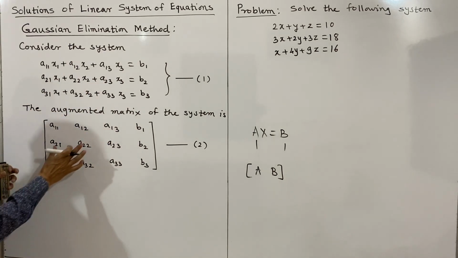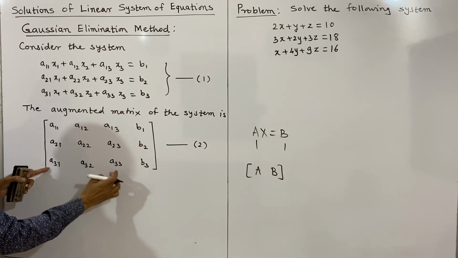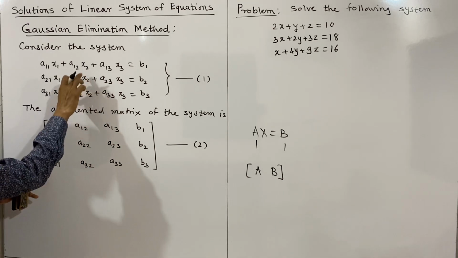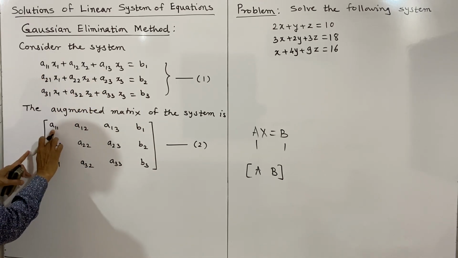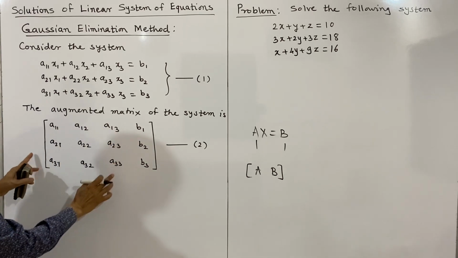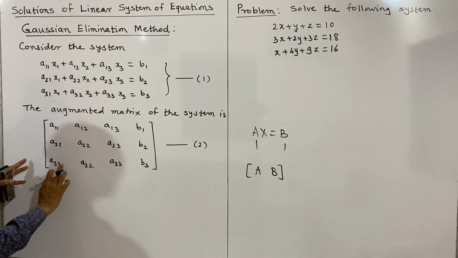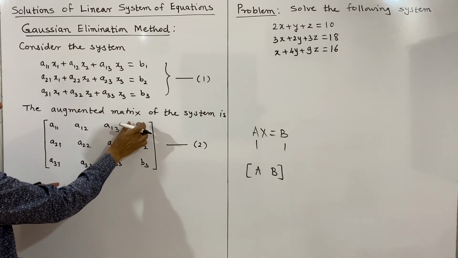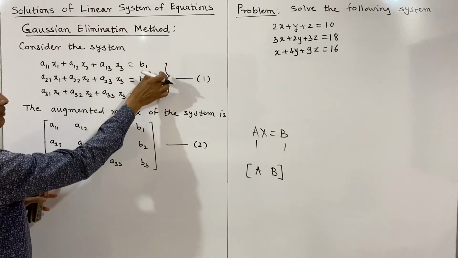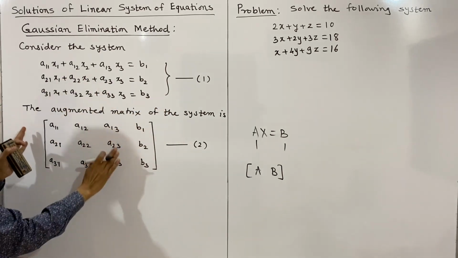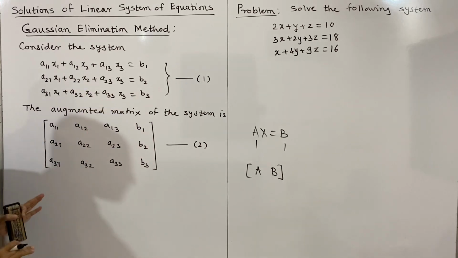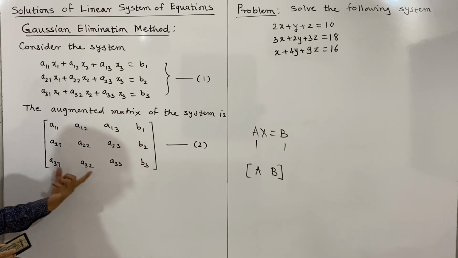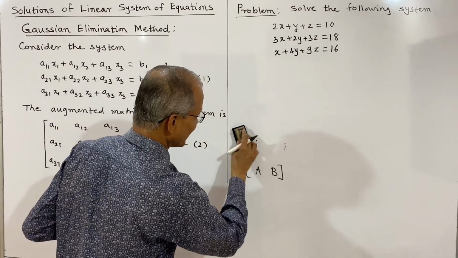The A part is this one, the coefficient matrix, or matrix of coefficients of x1, x2, x3, written as a11, a12, a13, etc. These are the coefficients from the second equation, these are the coefficients from the third equation, and these are the constants on the right side: b1, b2, b3. So here we have not written x1, x2, x3 as the matrix of unknowns, and thus this is the augmented matrix.